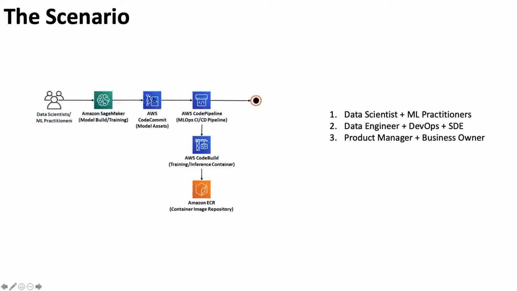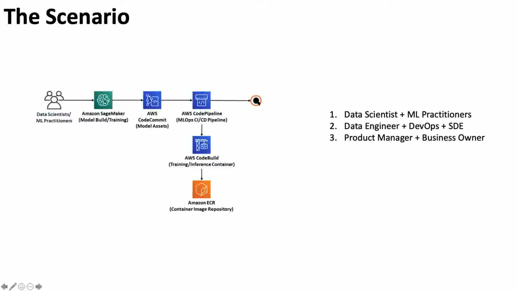We want this pipeline to cover, other than the data scientist to train the model, you also want to have SageMaker integrate with CodeCommit, which is the model assets. I'll explain this in further detail because we mentioned CodeCommit before. And then we have to have a CodePipeline to orchestrate all the services or assets to train this model and deploy the model.